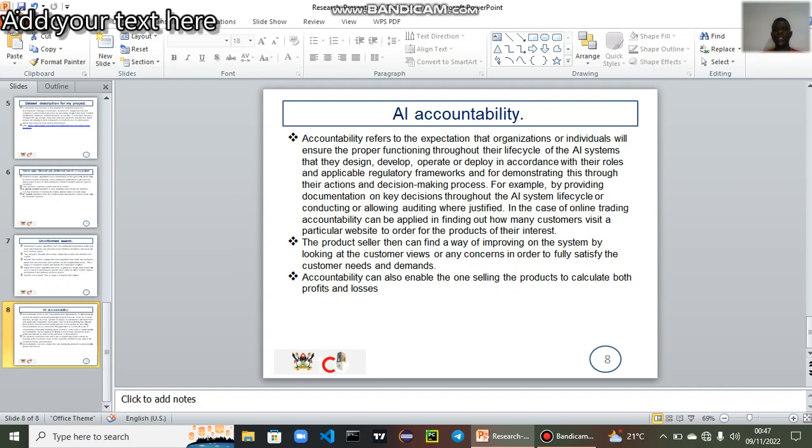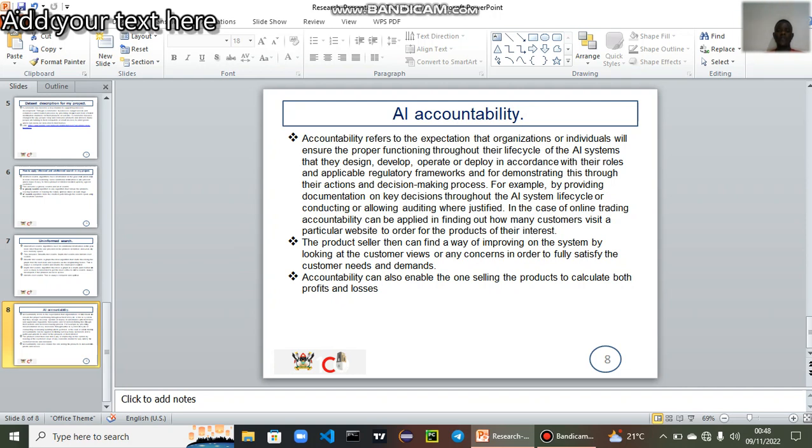So in the case of online trading, accountability can be applied in finding out how many customers visit a particular website, how many people visited the website to order different products.